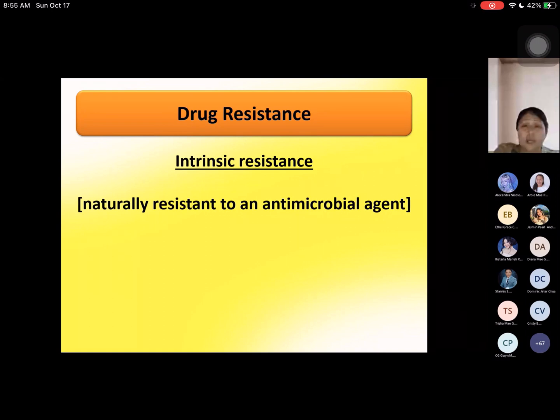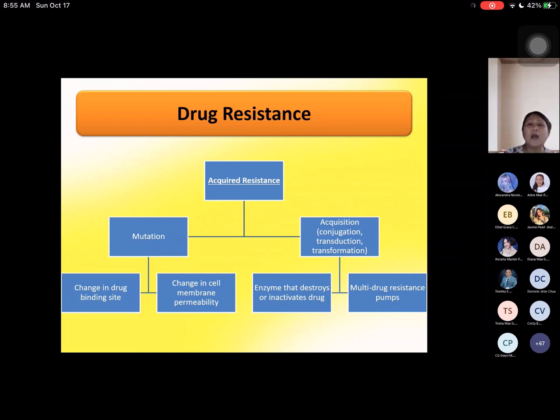For the acquired, we have two types. We have the mutation and acquisition. For mutation, we have a change in drug binding site and a change in cell membrane permeability. For acquisition, we have conjugation, transduction, and transformation, which will be explained in the succeeding slide. Okay.